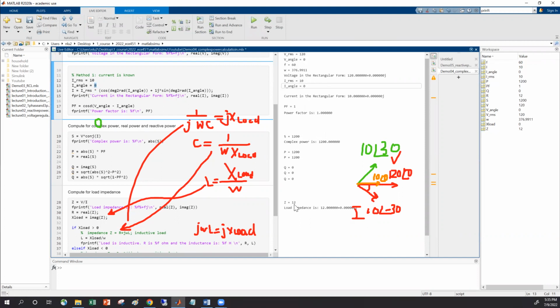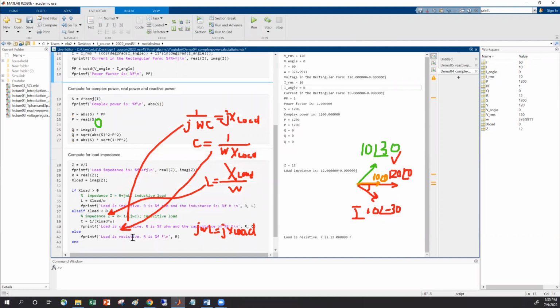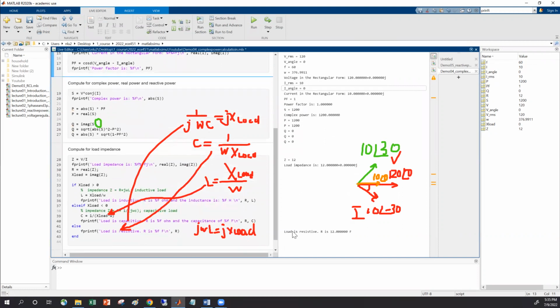Indeed, you can see Z equals that. The load impedance is this much, and this load is resistive. Oh, I shouldn't put the F here. This will be ohm. Okay, so run that again. The load is resistive, and R is this much.